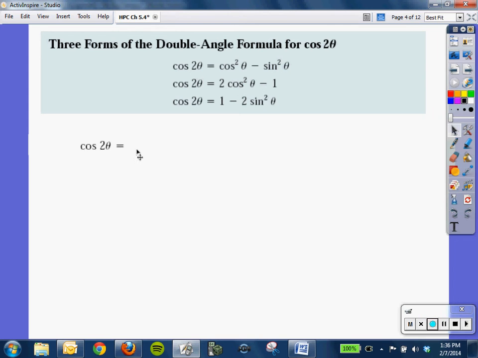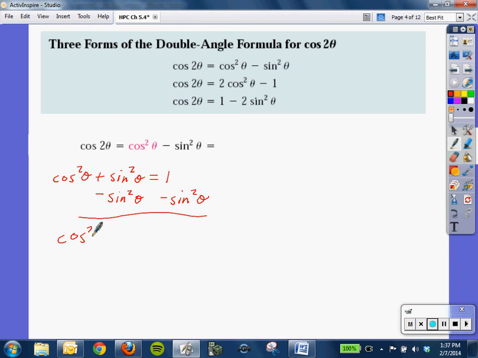So I'm going to show you guys how to use the first double angle identity to come up with the other two here. So the first double angle identity says cosine squared minus sine squared. And here we have cosine squared in red because we're going to make a substitution into cosine squared. We know that cosine squared plus sine squared is equal to 1. So if I were to subtract sine squared from both sides, I would end up with cosine squared is equal to 1 minus sine squared.